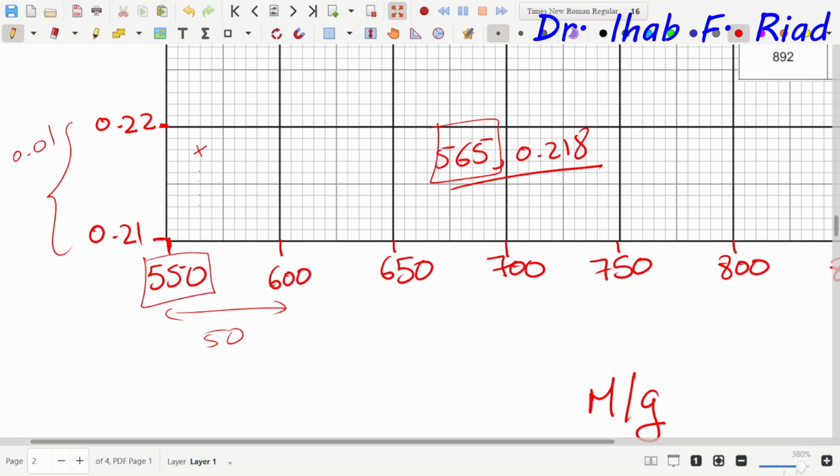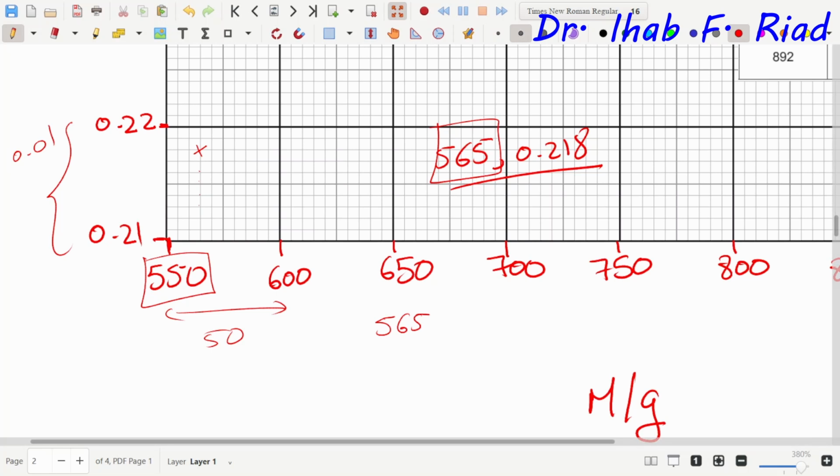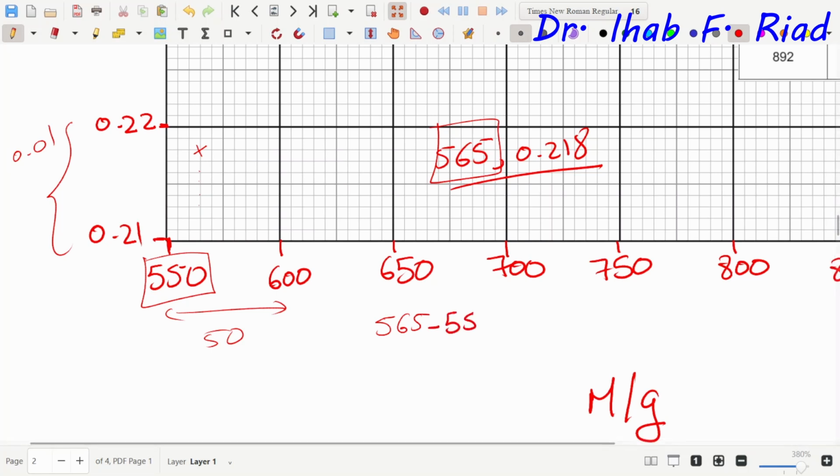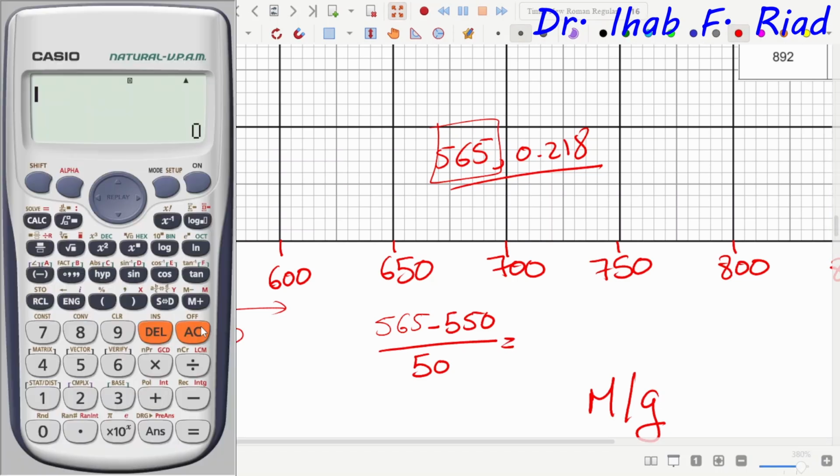So we are going to do a little bit of math. Say 565 minus 550, and we divide by 50. Okay, let us do the math. We get 0.3.